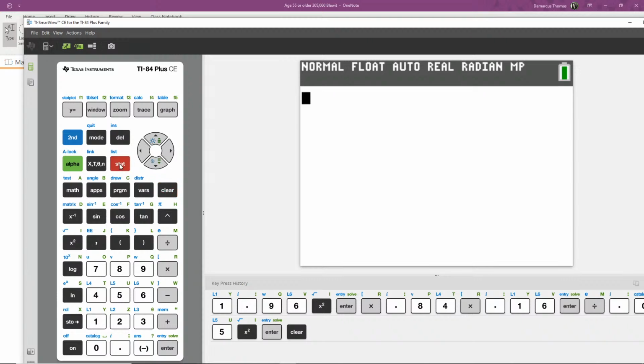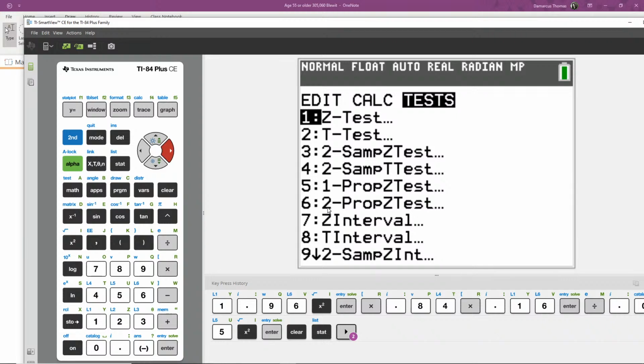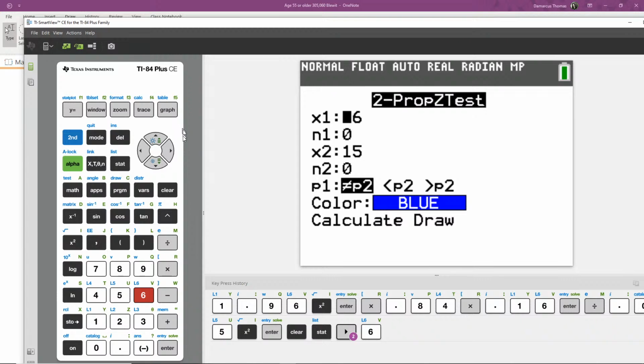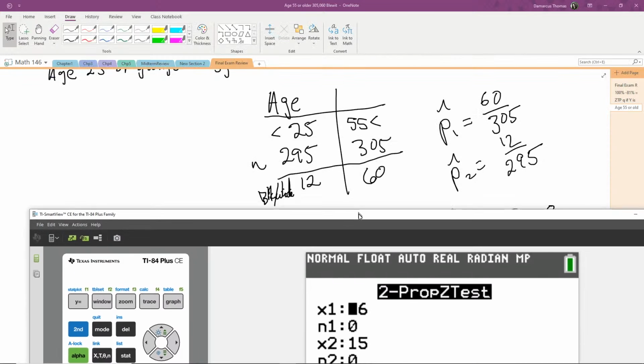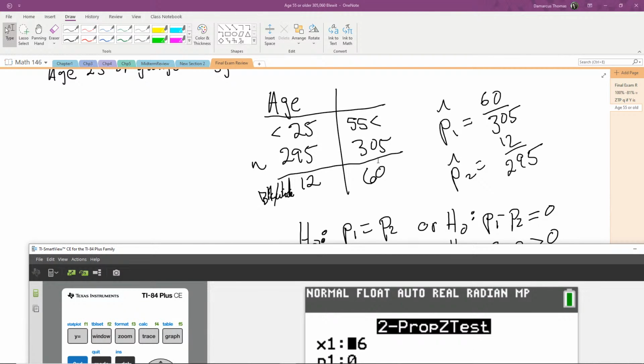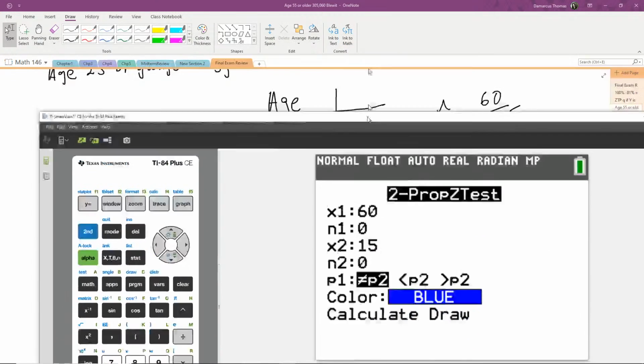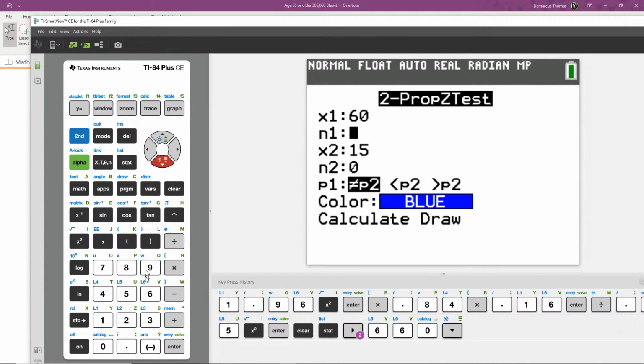So we're going to go into stats and conduct this test. We're dealing with a 2 prop z test, so it's number 6. And for this test, x1 is going to be the senior group, the 60 out of the senior group. So 60 successes, 60 people that dream in black and white out of the total 305.